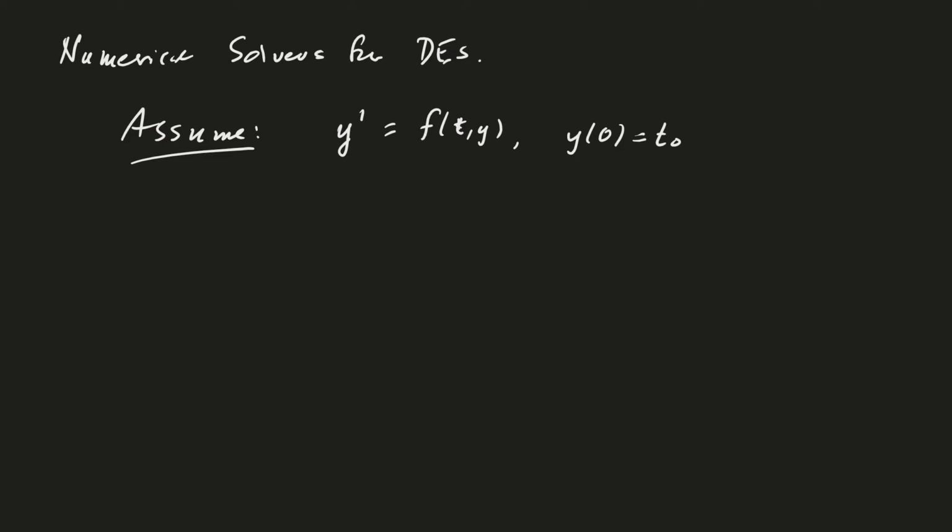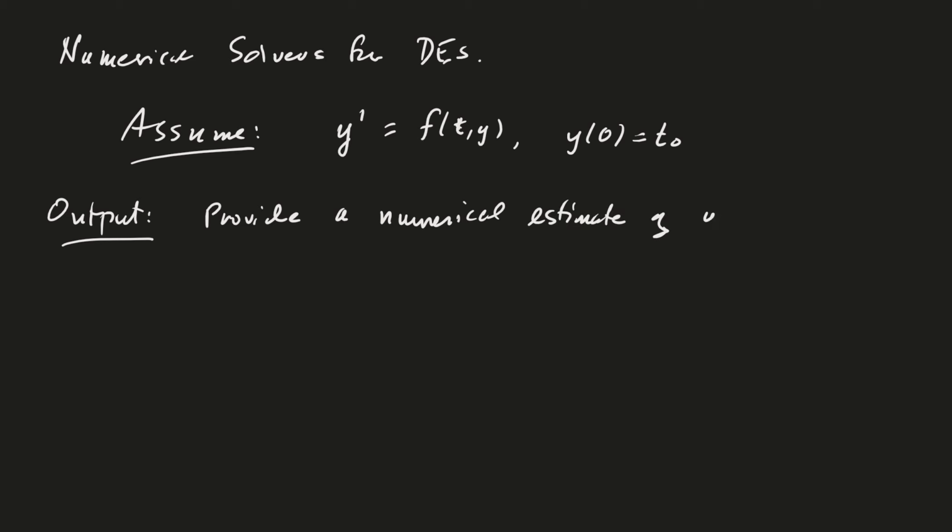And so what we want, or output maybe I'll say, what we want the algorithm to do is to provide a numerical estimate of y of t. And so how is it going to do that?